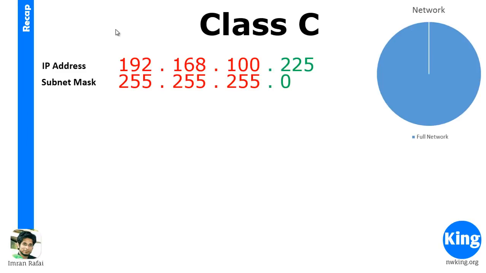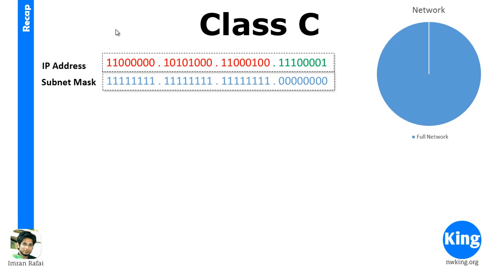So before we go into subnetting, let's do a recap and see how Class C IP addresses work. So a Class C IP address 192.168.100.225. Subnet mask is 255.255.255.0. When we convert it into binary, this is what we get.